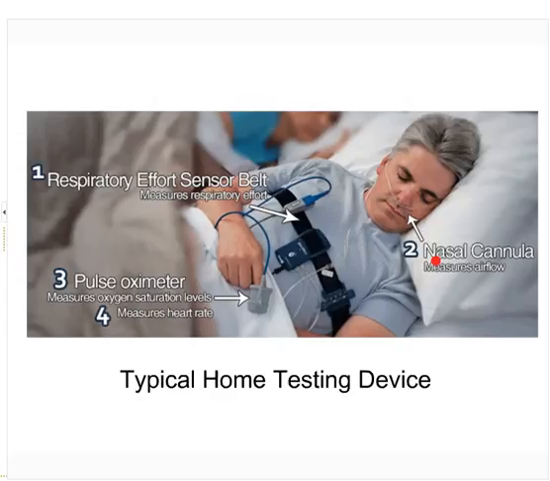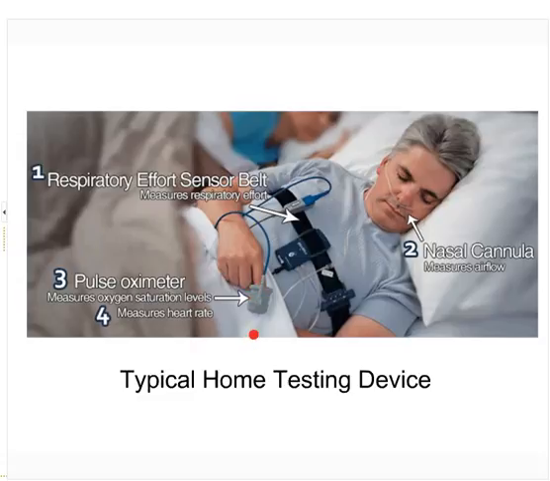And this simply shows a quintessential type 3 home sleep apnea test where you have a nasal cannula to measure airflow, you have a belt that goes around the chest to measure respiratory effort, you have a pulse oximeter on the patient's finger, and the pulse oximeter also measures heart rate.